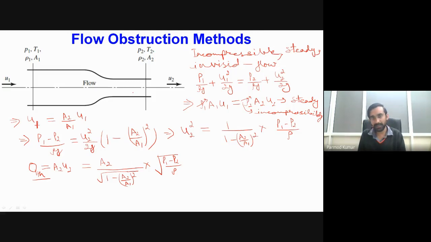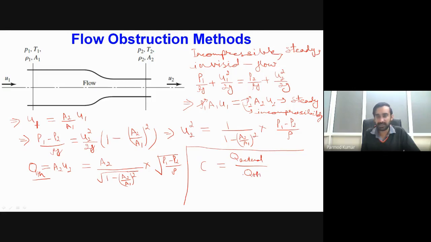So while applying flow obstruction based methods for measurement of flow rate or velocity, our actual value of the flow rate will be different from the value we obtain theoretically. So we take the ratio of the actual flow rate divided by the theoretical flow rate, and this ratio is related to a factor known as the coefficient of discharge.